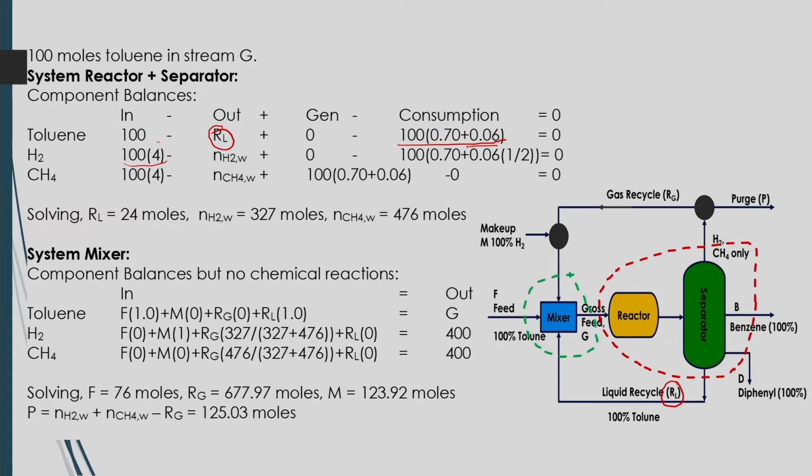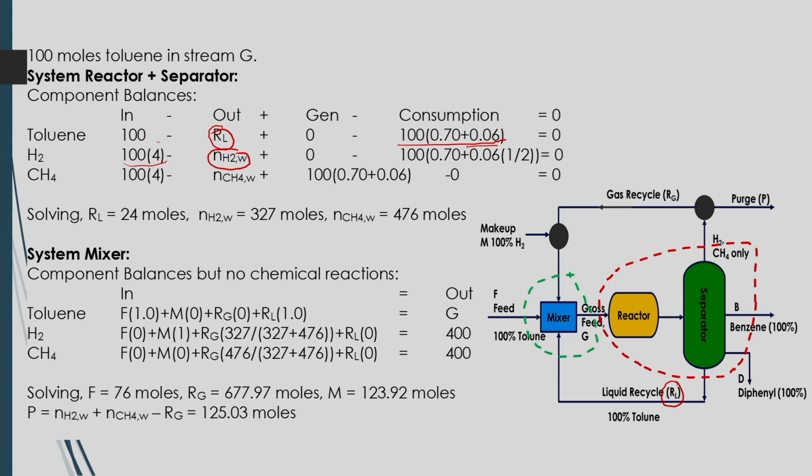So, that will be your in, and what will be the out? The outlet amount of hydrogen is not known to you, so we can simply assume that the moles of hydrogen at this outlet will be NH2, and after the separator this hydrogen will be coming out as this amount.